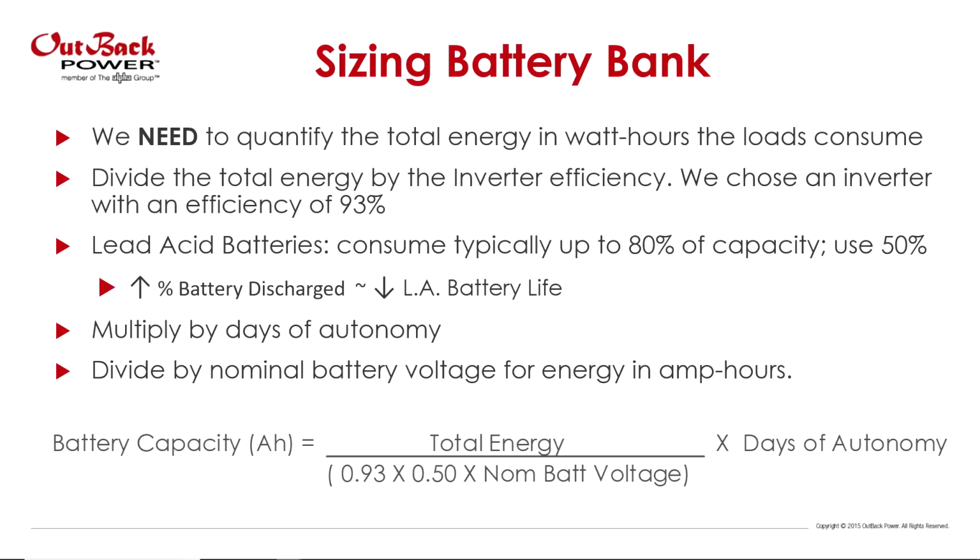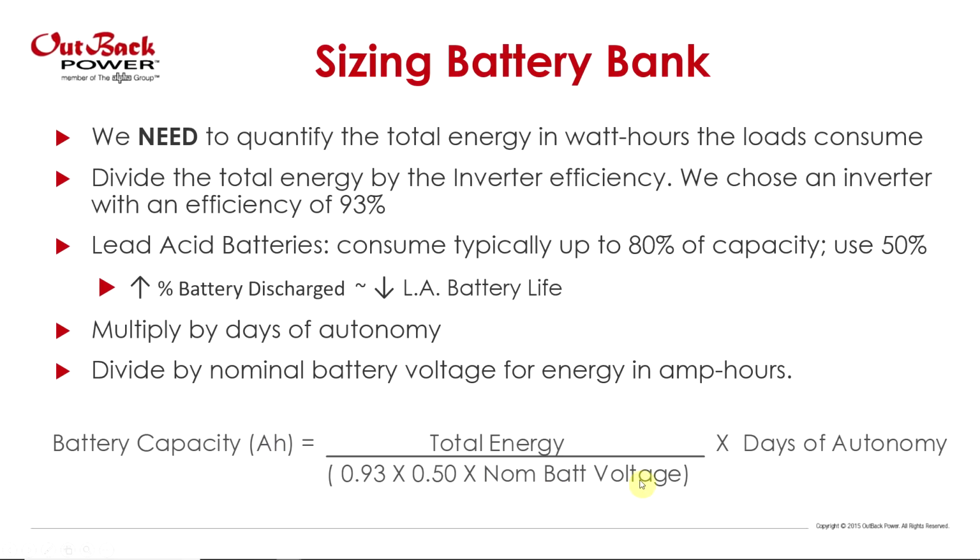So here we have our equation. We have our amp hours, and I'll explain how we get that. We have our total energy divided by our 93%, so that's our efficiency. Our depth of discharge is our 50%. We're going to move forward with that. We have our nominal battery voltage. To go from watts: watts is equal to current, which is amps, times voltage.